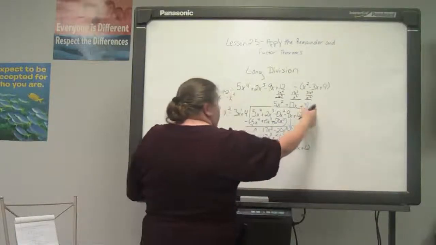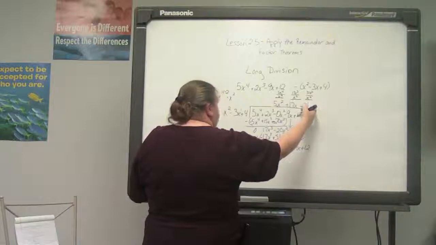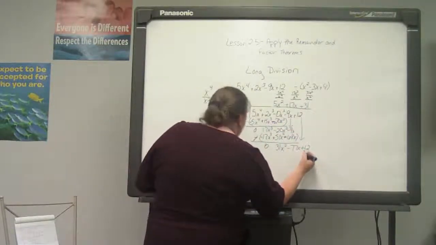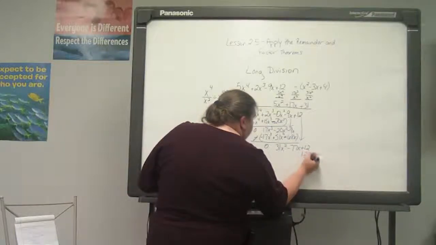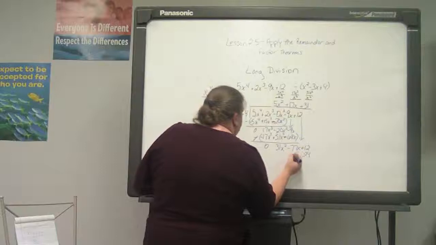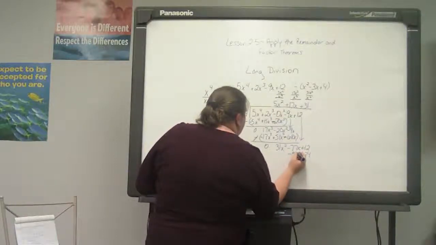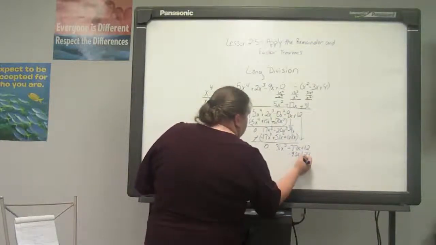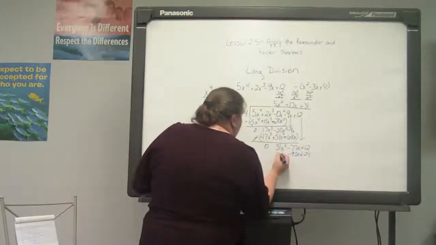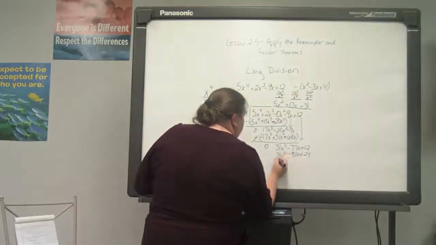We're going to do our multiplication. 31 times 4 gives us 124. 31 times a negative 3x gives us a negative 93x. And then 31 times x squared gives us 31x squared.